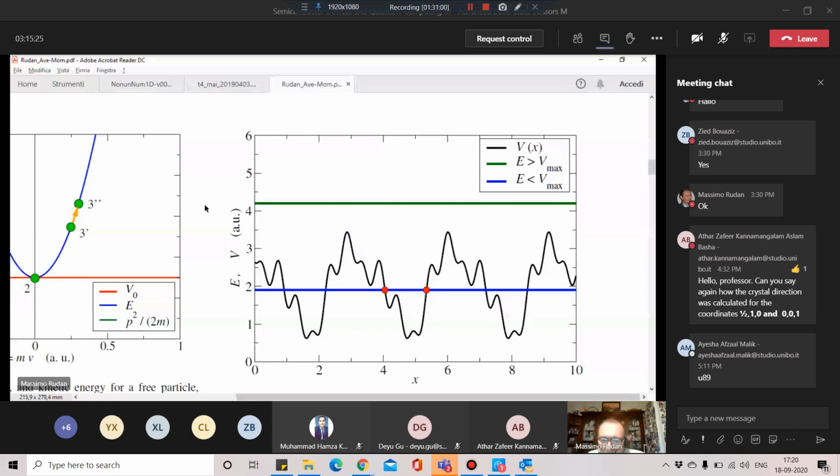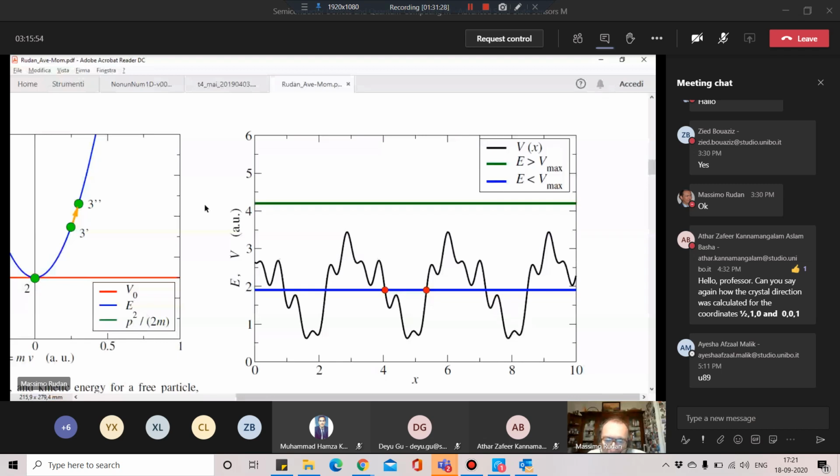This case is physically impossible, at least in classical mechanics. Why? Because if the total energy is always, that means at any position, smaller than the potential energy, that means that the kinetic energy is negative.